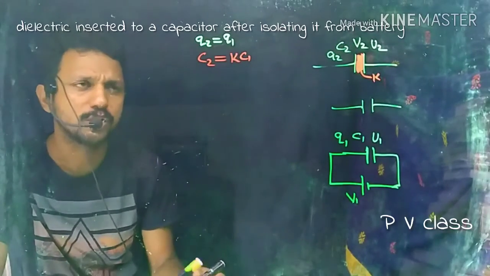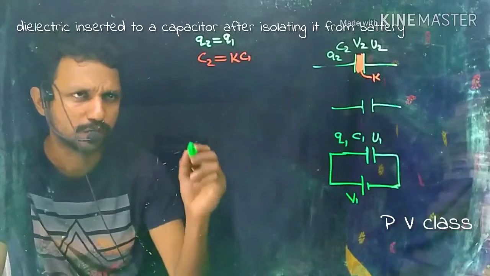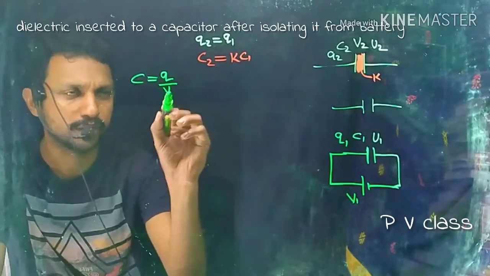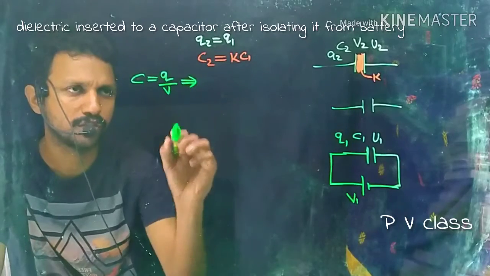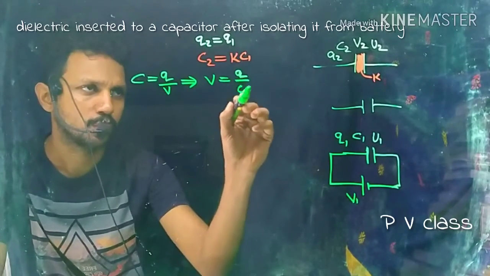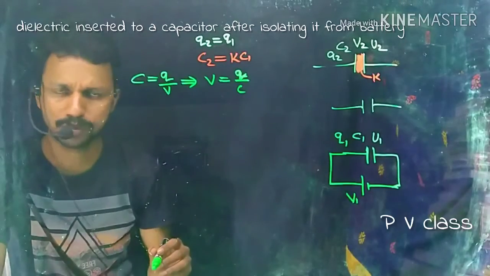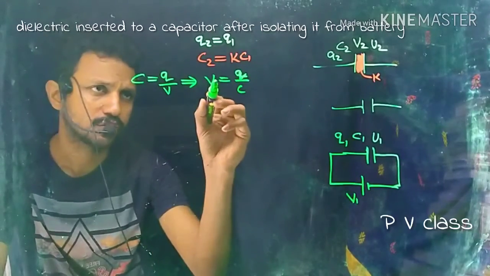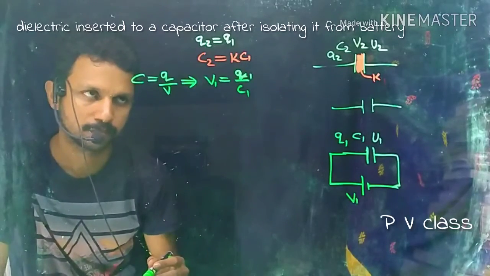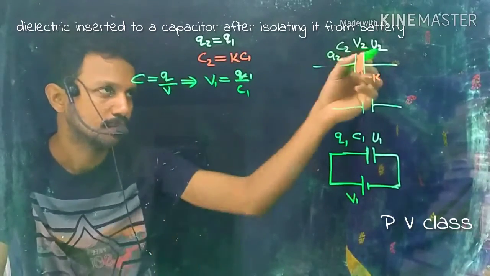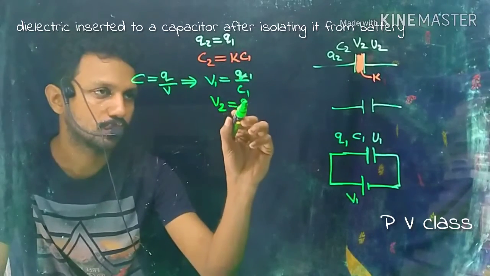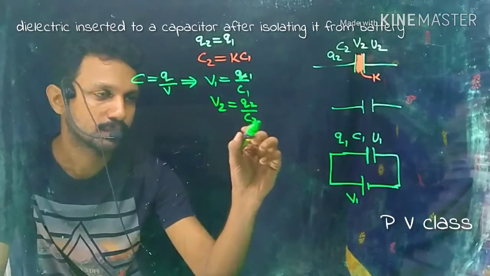Then we'll use the basic formula for capacitance, C is equal to Q by V. So we can write V is equal to Q by C. Then V1 is equal to Q1 by C1. In a similar manner, the second potential V2 is equal to Q2 by C2.